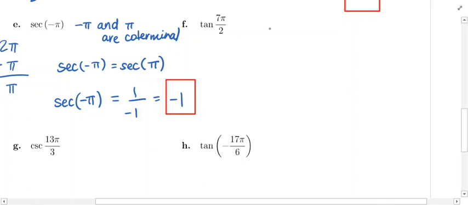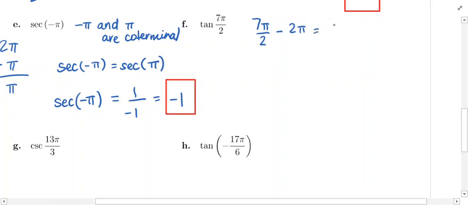This is a positive angle, meaning it is going to be bigger than 2 pi. So we can take 7 pi over 2 and subtract 1 revolution. If we take away 2 pi, this will give us an angle that will probably be between 0 and 2 pi, so we can figure out what angle is coterminal with this thing.